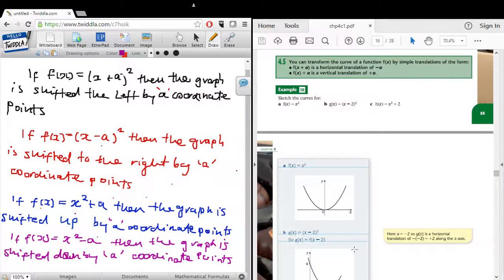4.5. Now you can write out what we have here, it's completely up to you. If you don't, that's fine. I'm going to remove it now.